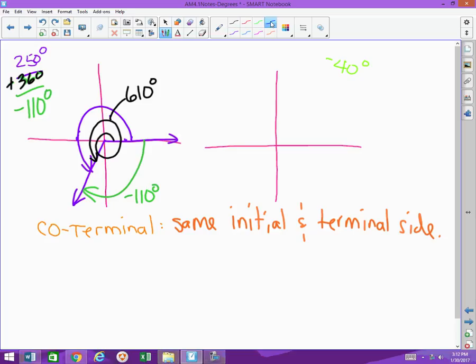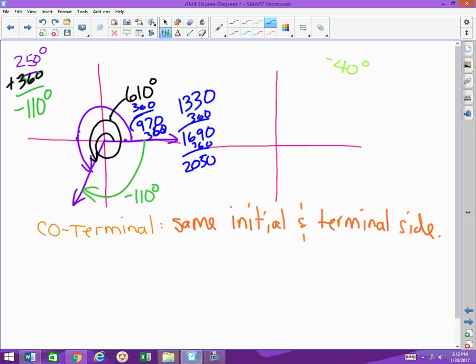Now, if you want to find more coterminal angles, you can just keep adding 360 to this. So then that makes that 970, and if you add 360 again, you would get 1330, and add another 360 would get you 1690, and if you add another 360, that would get you to 2050, and so on and so forth.